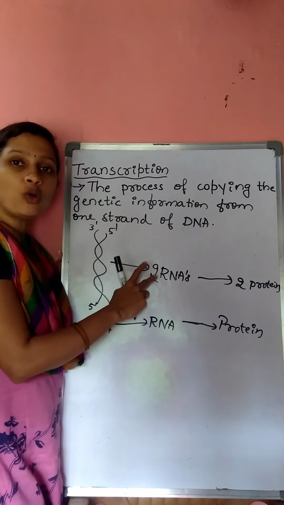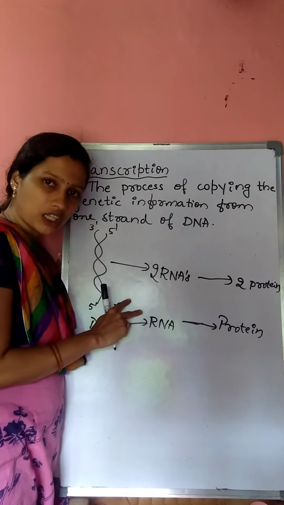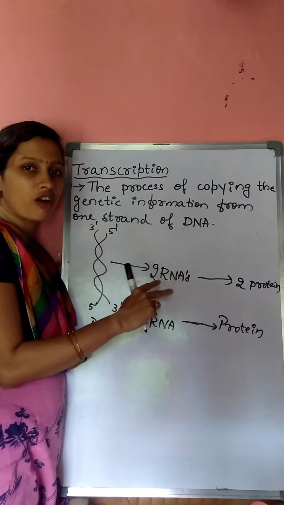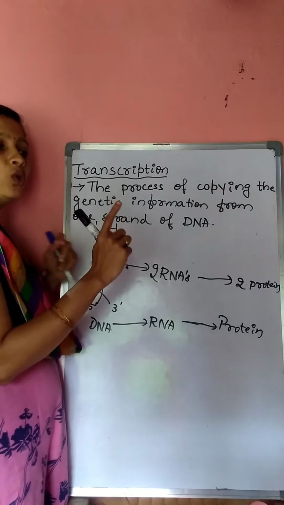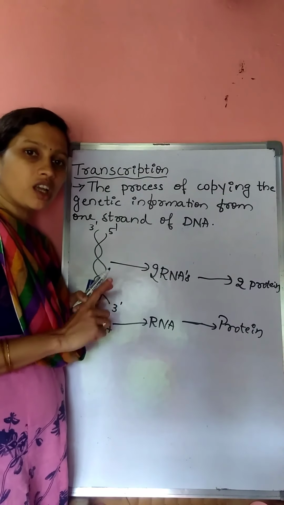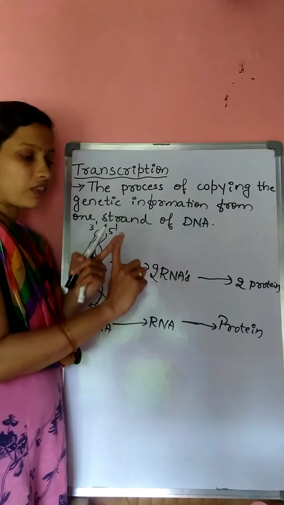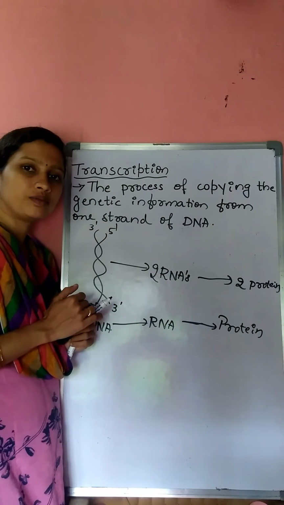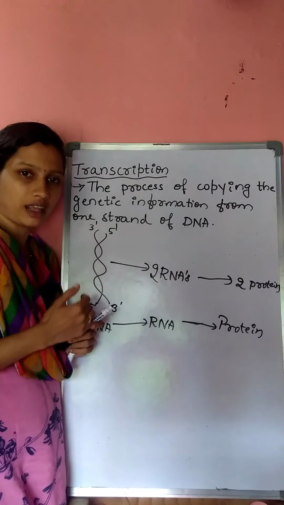If the two polynucleotide strands of RNA are complementary to each other, they may coil around each other and produce a double helix structure of RNA, that is, double-stranded RNA.